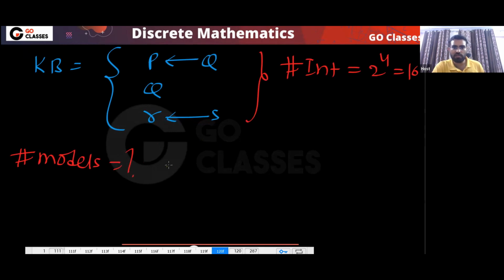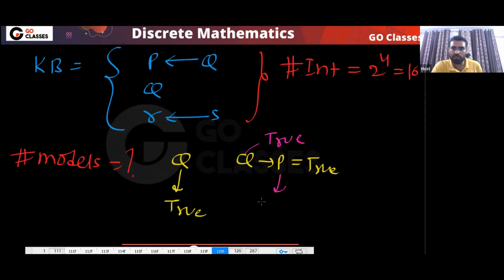You can notice definitely Q must be true. And you know that if Q is true, then P also must be true. So for P there is no choice, and for Q there is no choice. For P comma Q, we only have one choice.